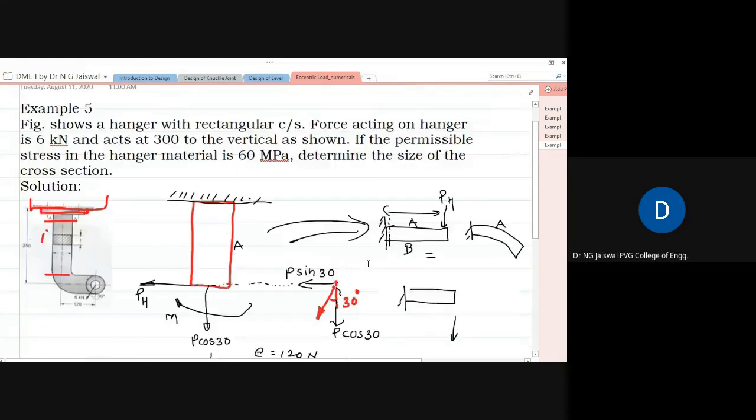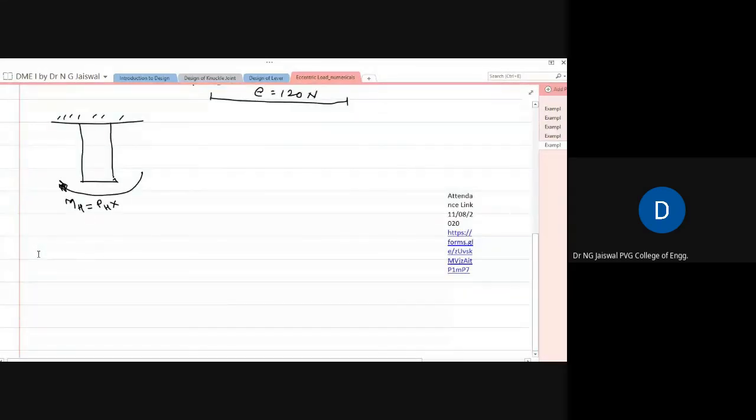The maximum distance for this rectangular beam, for a cantilever beam, was this much distance for PH, and that was 250. This is given as 250. So therefore, this is PH into 250.